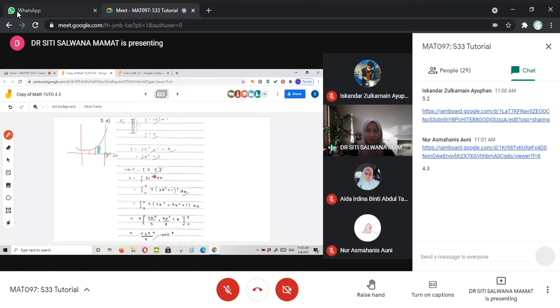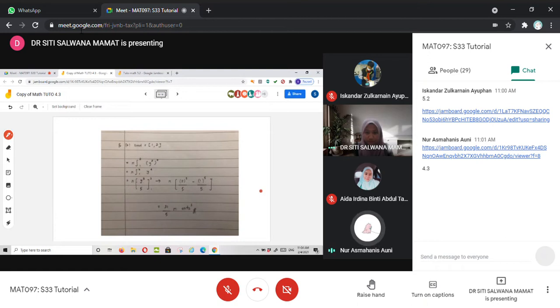So remind that r square kat sini, you punya square kan you punya r lah. Boleh ke yang ni? So everyone dapat tak yang ni? 1167 over 5 pi unit cube. Okay, boleh ke?